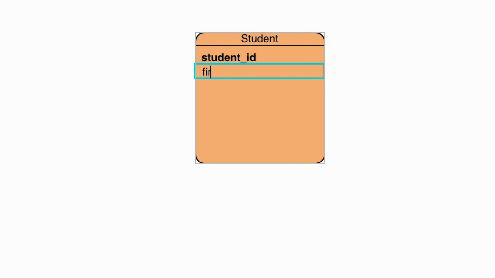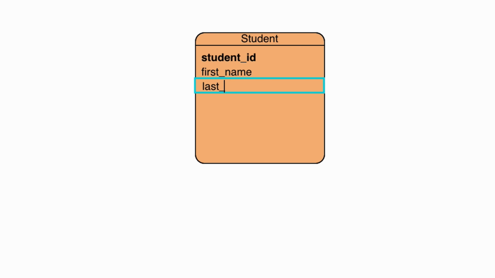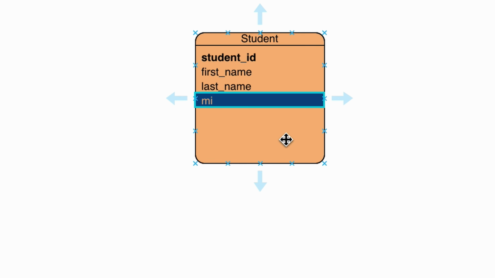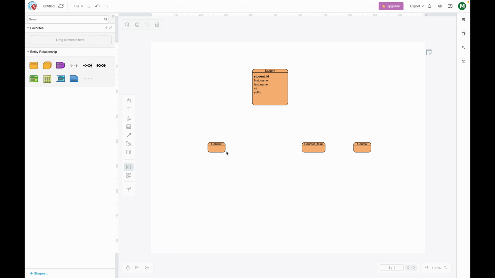We'll call this first underscore name. Add another column. Last underscore name. We'll add another column. Middle initial. We'll add another column. We'll call this suffix. And then finally, we'll move on to the contacts.